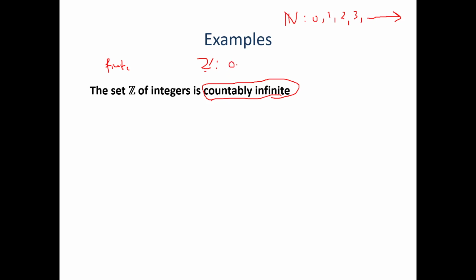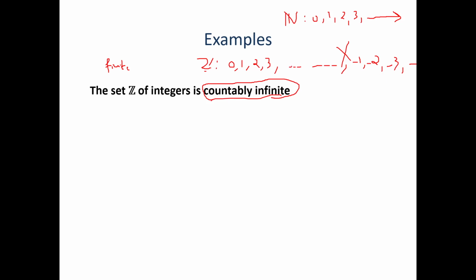Because if I just start doing the positive numbers, 0, 1, 2, 3, and then after a while I start listing the negative numbers, that really won't work because I'll never reach the negative numbers.